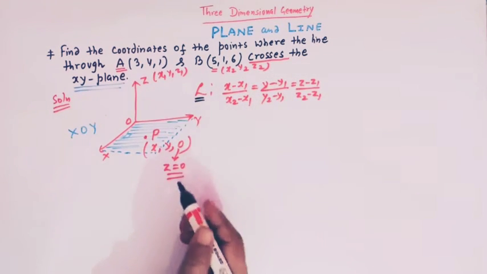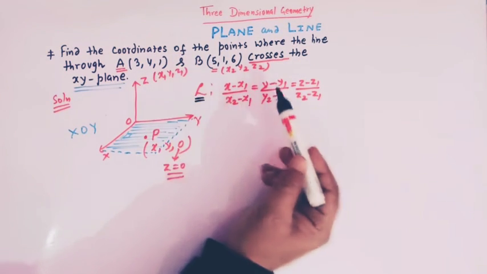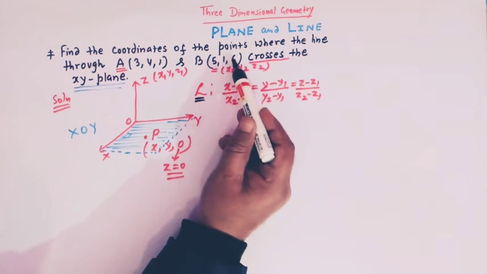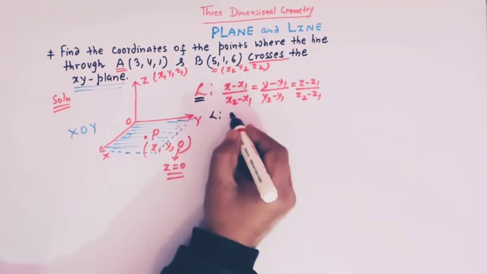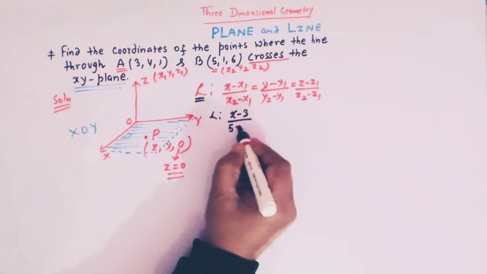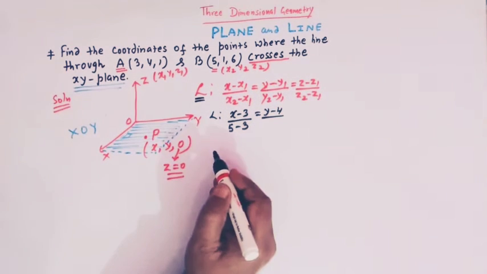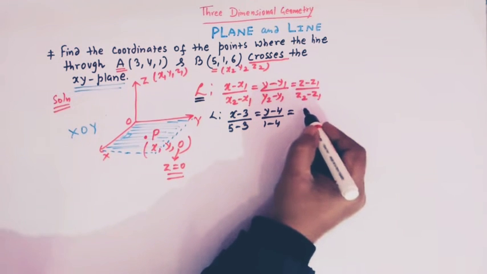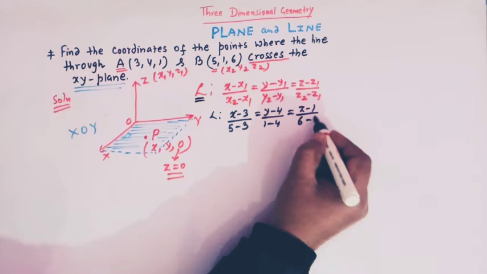Now taking (x1, y1, z1) as (3, 4, 1) and (x2, y2, z2) as (5, 1, 6), let us write the equation of the line. So we have (x minus 3) over (5 minus 3), (y minus 4) over (1 minus 4), and (z minus 1) over (6 minus 1).